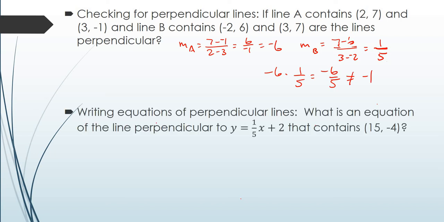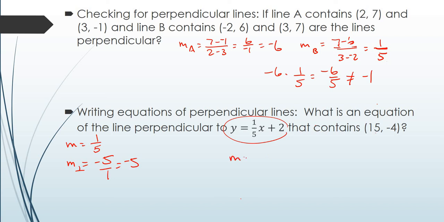So again, writing equations of perpendicular lines. What's an equation of the line perpendicular to this one that contains the point 15, -4? Well, the slope of the original line is 1/5. So the slope of the perpendicular will be -5 over 1, or -5.